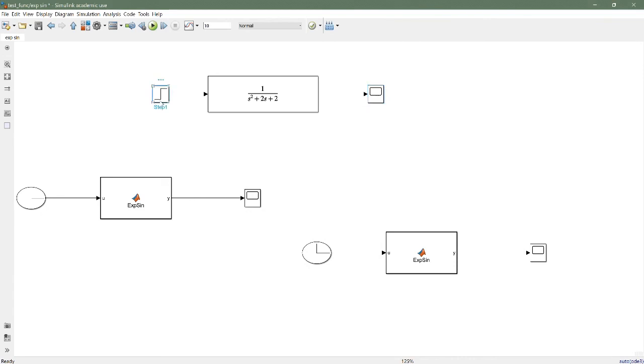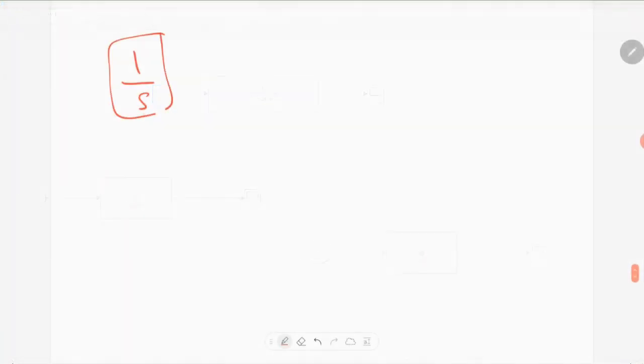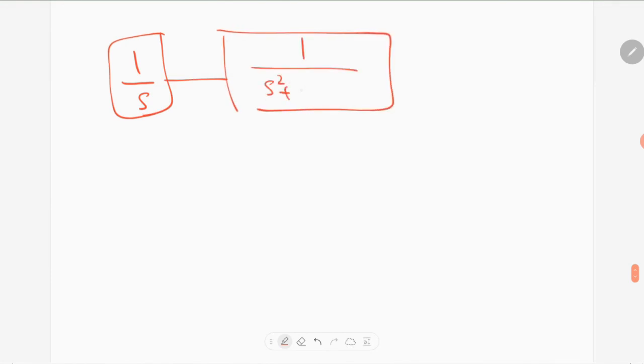So again, this is because of this step signal. So when this step signal is multiplied with this block like this, so we have s squared plus 2s plus 2, and this actually becomes 1 over s cubed plus 2s squared plus 2s, right?